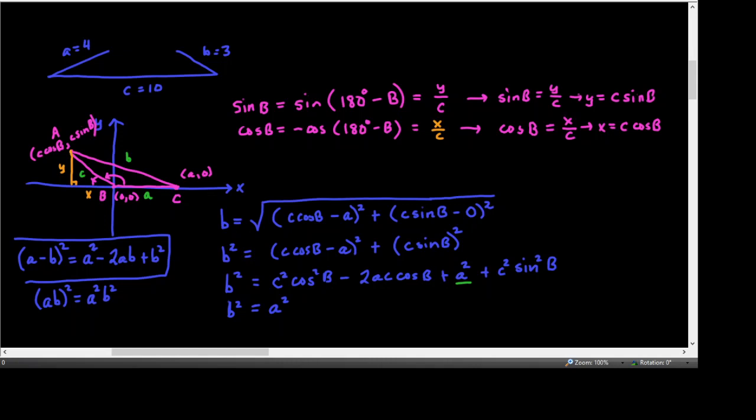Okay. Then I have 2 things that have c squared, so I'm going to write those as c squared sine squared b plus, so we've taken care of this one now, and then c squared sine squared, oh my goodness, I wrote sine when I meant cosine, so I'm going to figure out the easiest way to fix that.